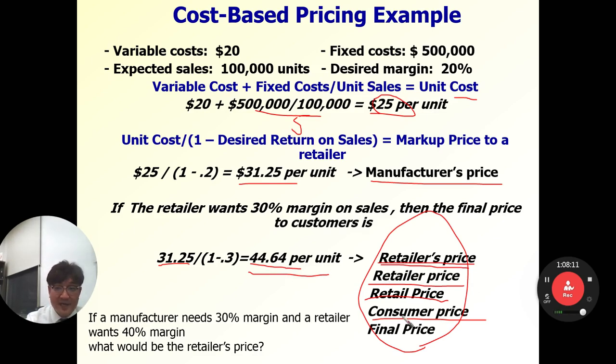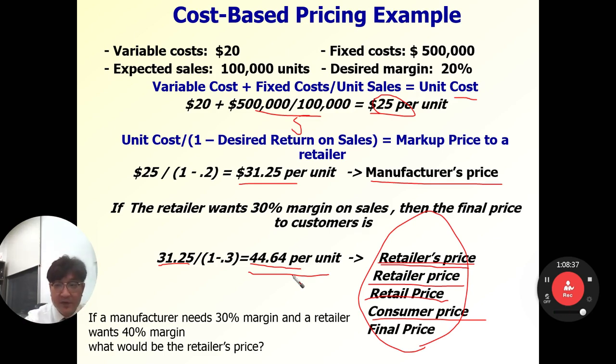Retailer price and consumer price got to be different, right? However, lots of terms in marketing are confusing. I know, but get used to it. That is what it is. So all these names mean the same thing. You understand this, right?